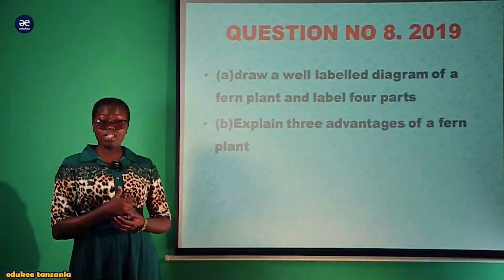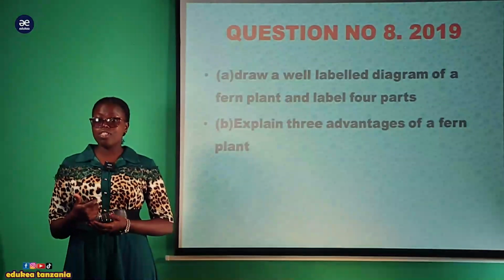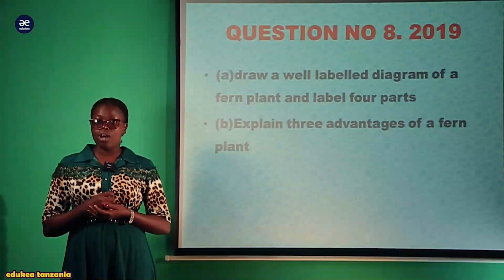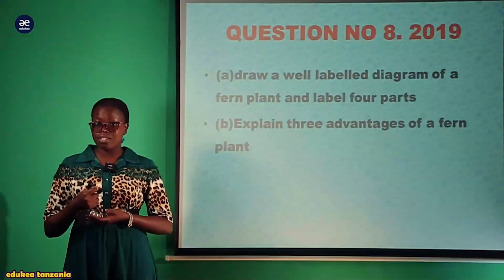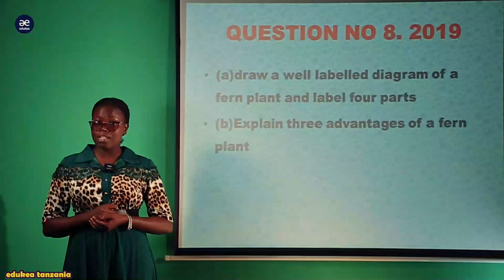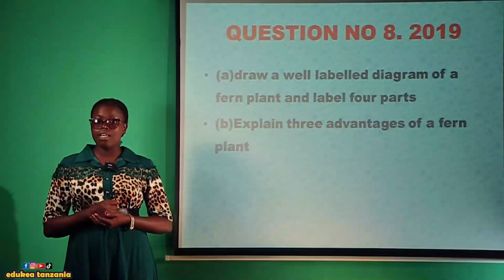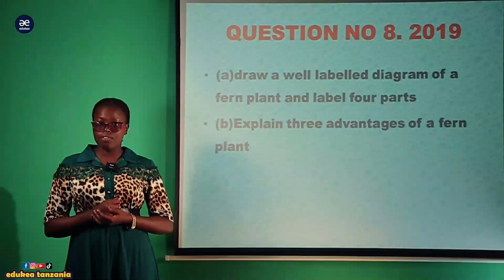Also, now you are needed to describe. You can't draw without knowing how the structure of the fern looks. You have to be aware of how you can describe the characteristics of the fern plants, or members of the division Filicinophyta, and how they look. Now you can give a diagram.